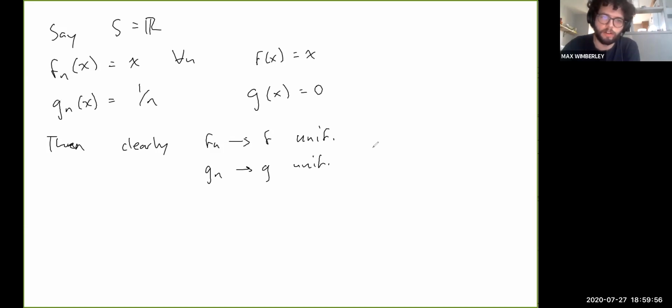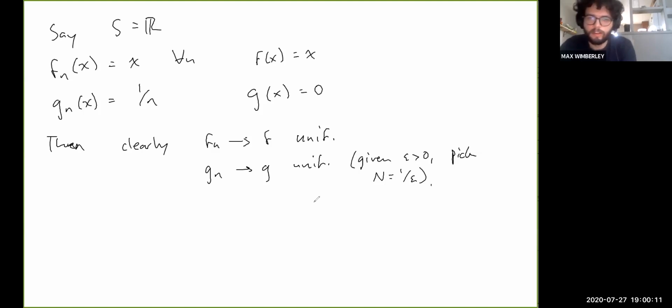This is also not hard to show: given epsilon greater than 0, just pick capital N equals 1 over epsilon. Then the absolute value of gn minus g is 1 over n, which is less than epsilon for all x because it's constant.